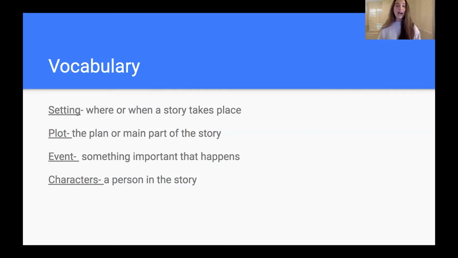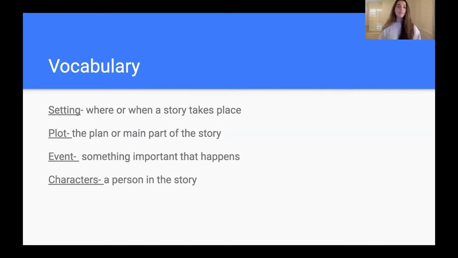The last vocabulary word on this slide is characters. And characters, it's just a person in the story, or even sometimes it doesn't have to be a living person, but it could be an animal maybe, or something that doesn't really talk in real life.